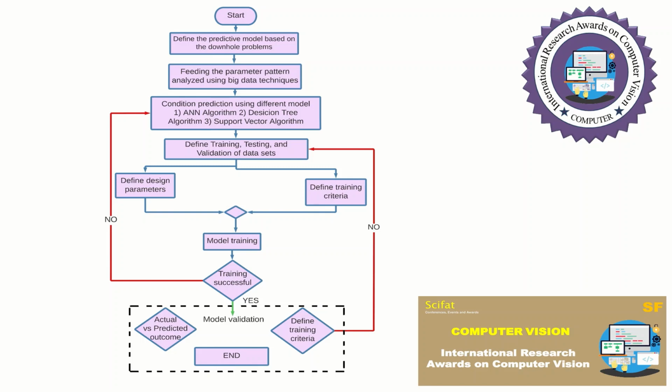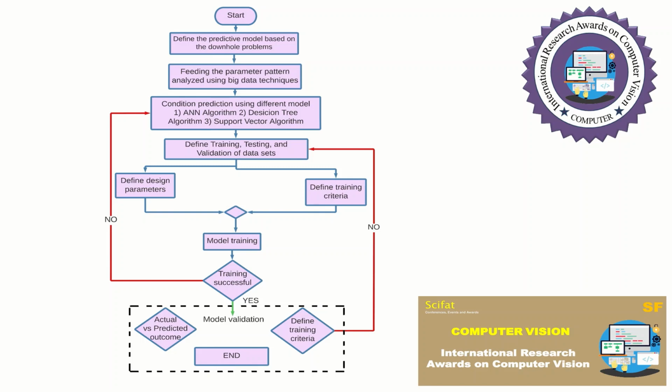In this, define training criteria and define design parameters, which will lead to model training, and upon successful model training, it will lead to model validation, and in the unsuccessful case, it will return to the condition prediction using different models, in which other algorithms will be checked and used.